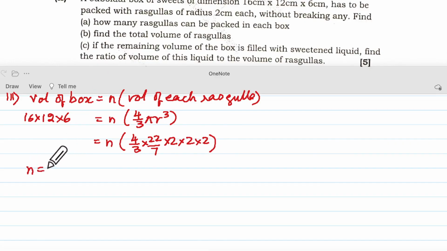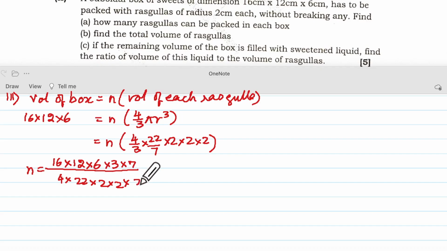So N will be equal to, don't sit and multiply anything, okay? 16 into 12 into 6. Now these two numbers will go up, so it will be 3 into 7, and all these numbers will be down, so 4 into 22 into 2 into 2 into 2.